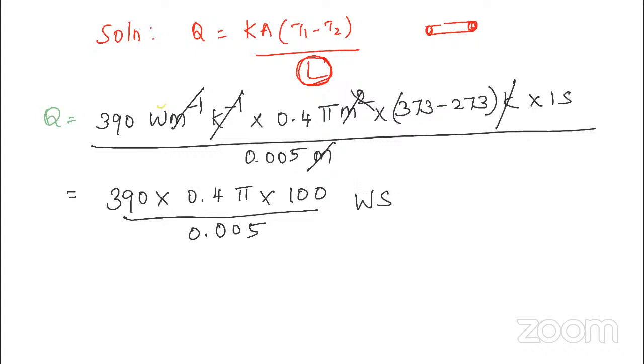So the left unit is watt second. We know that joule is equal to watt into second, so the answer should be in joules. Calculate, cancel the powers and tell me, what is the answer?